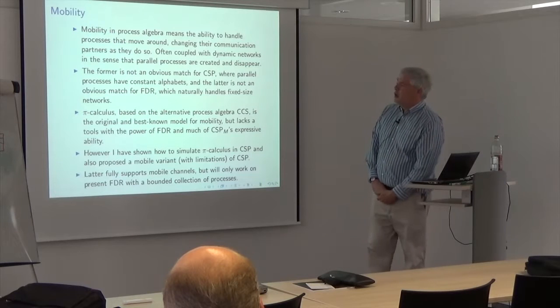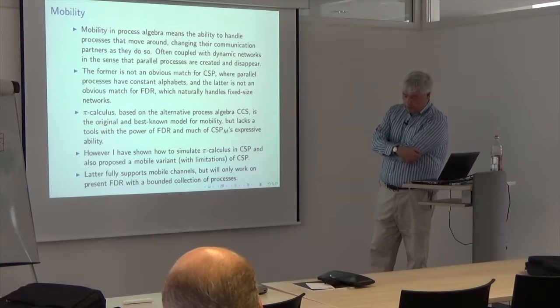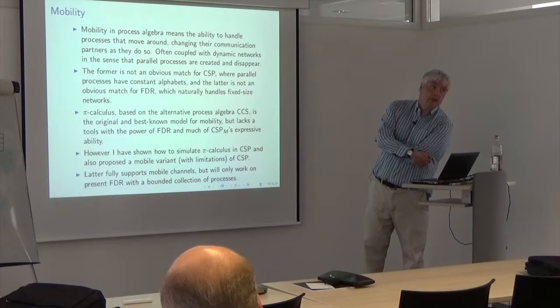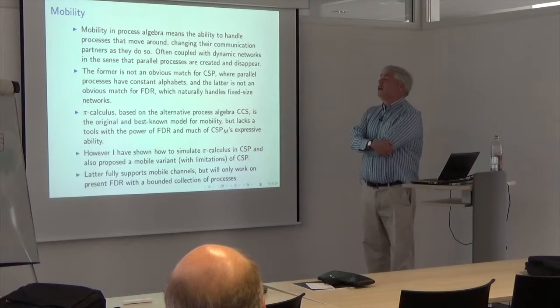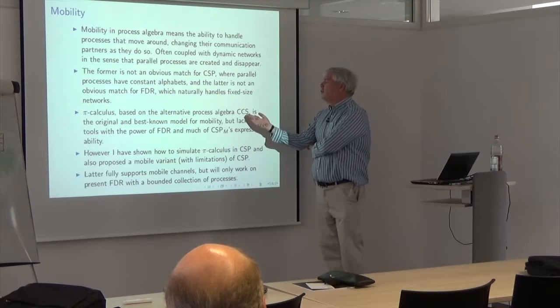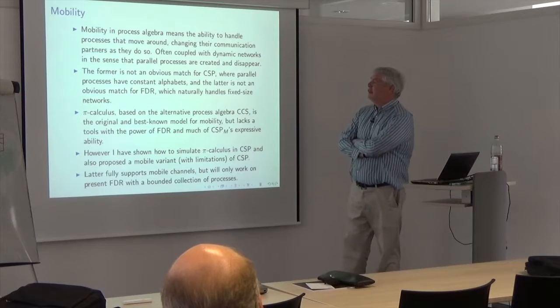However, the other main reason why for a very, very long time we didn't consider mobility in CSP is that there was a very successful calculus of mobility called the pi calculus, developed by Milner and others, which was a development from CSP's main rival called CCS.